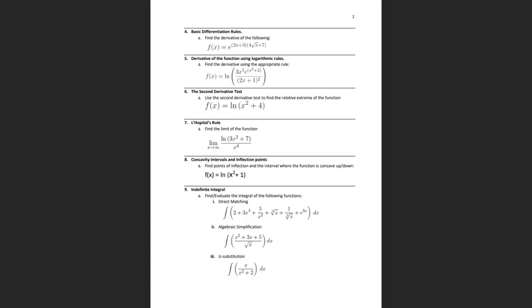And then I took that and multiplied it by my derivative.